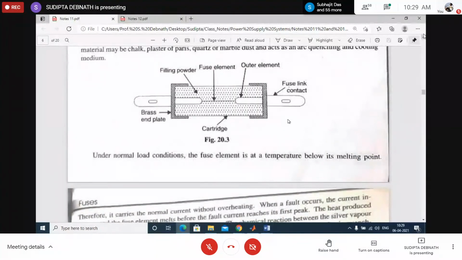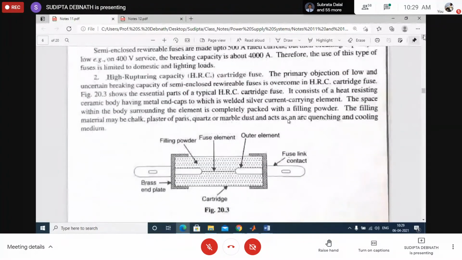Okay. Now, what is the next type of fuse? It is the high rupturing capacity, HRC fuse. Some mechanism is there. So what is an HRC fuse? It consists of a heat resisting ceramic body, having metal caps.